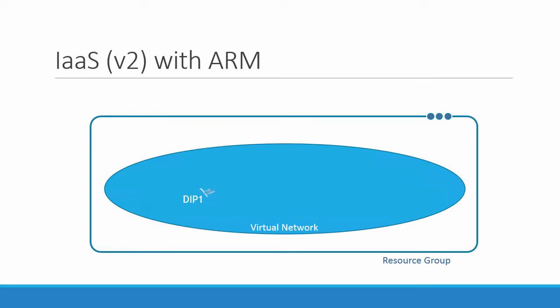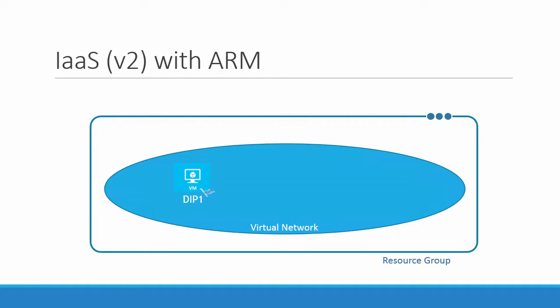So I don't have to think about having to have a virtual network for every resource group I use. I could have a resource group that maybe just contains my virtual network, and I can go and create my VMs and other resources in different resource groups. They can still refer to those virtual networks. So I create my network adapter. I then create my virtual machine and link it to the network adapter I created.